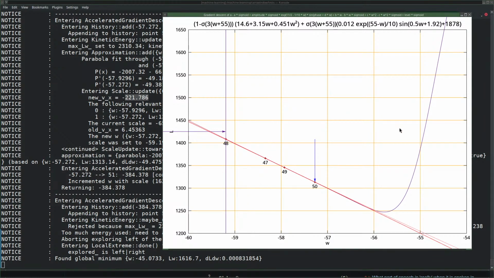It's kind of like a binary search. You know you're on the left side, or you know you're on the right side of that minimum, and then you have to bounce back and forth until you find it. I'm gonna have to give this a lot of thought before I can continue.